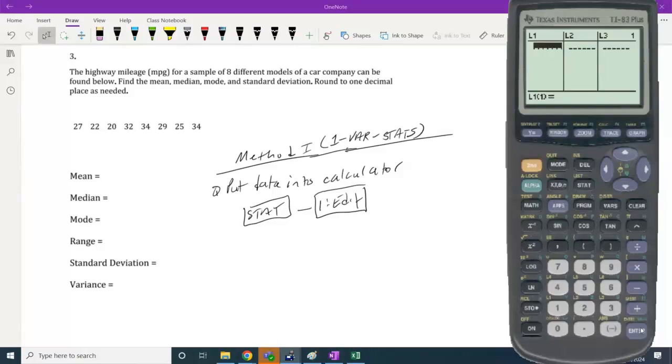All right. So now I'm going to put in these 8 numbers. And after every number, I'm going to hit enter. 22.